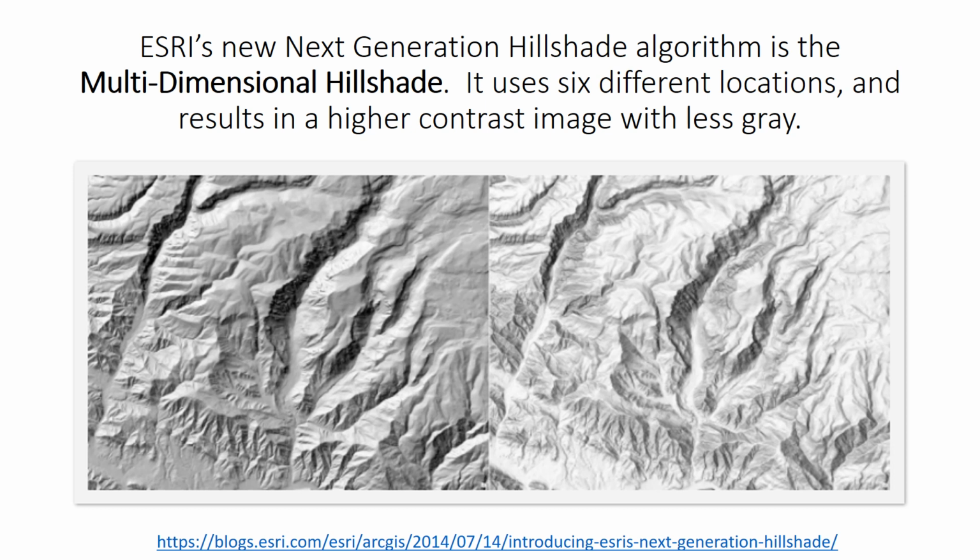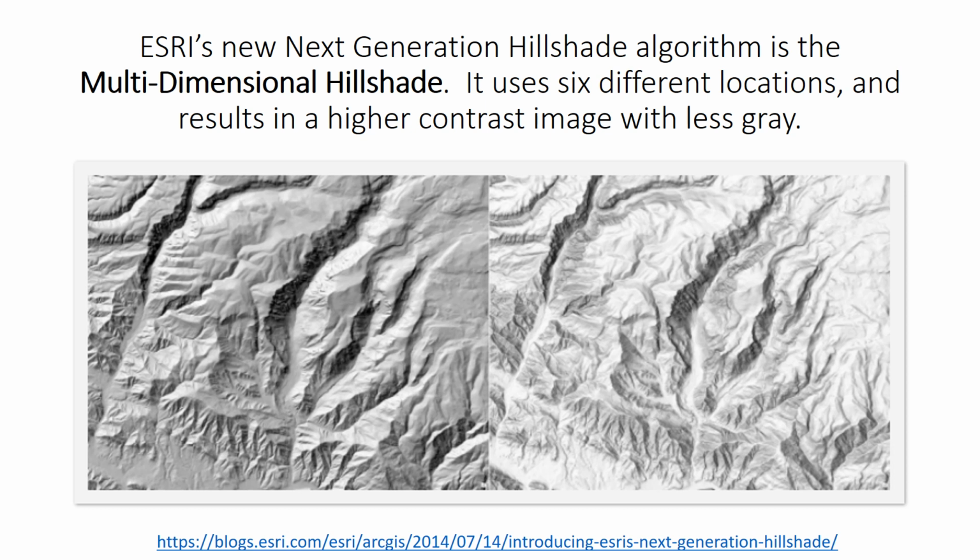There are new things going on in visualization of terrain all the time. This is an area in which I work pretty often, mostly with LiDAR data. But Esri has been working on, for instance, a new next generation hillshade algorithm. There's a link to the blog post below. This is essentially using Pat Kennelly's work, a multi-dimensional hillshade.